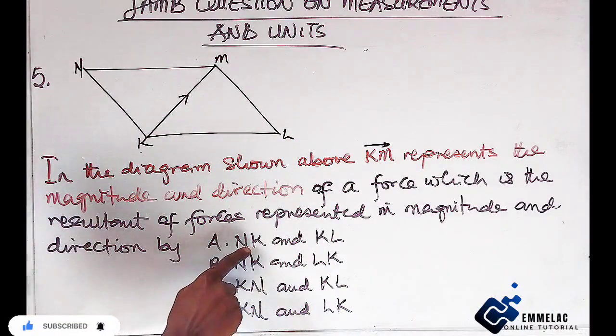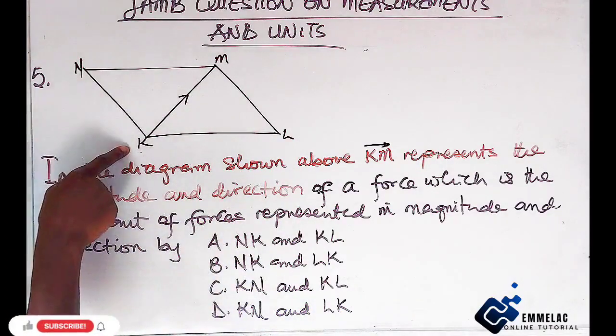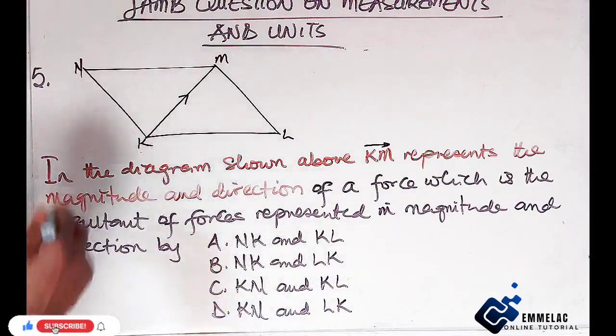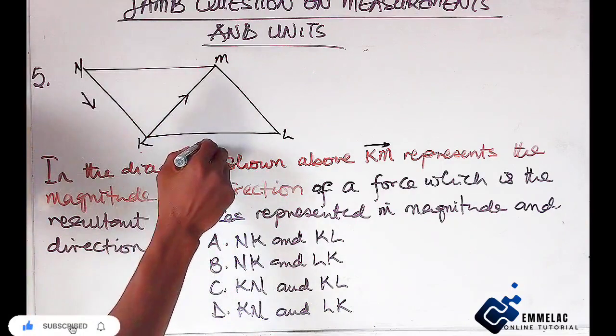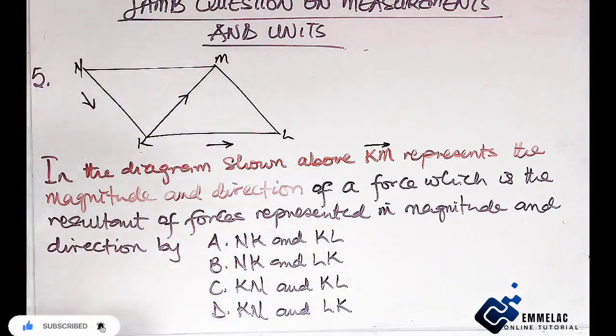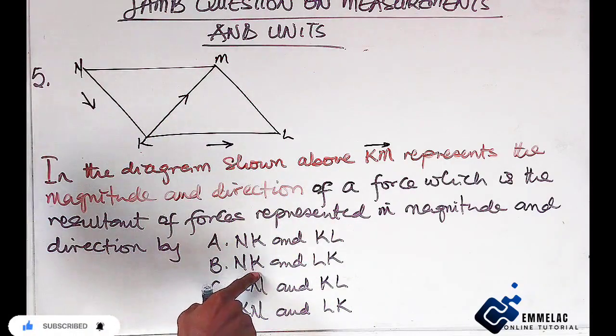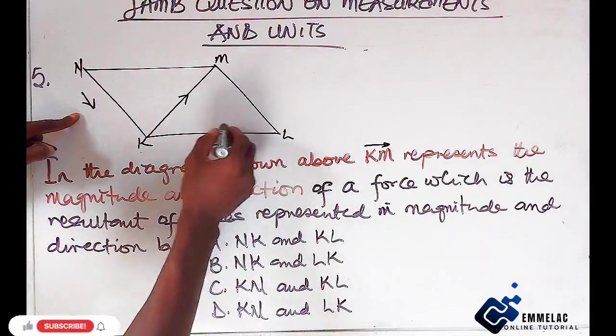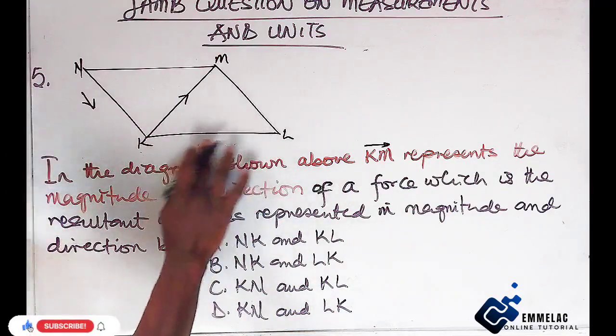Now here we have NK, NK, and KL, which means the arrow is like this and moves like this, okay, and NK and KL here, and this arrow is moving opposite like this, okay.